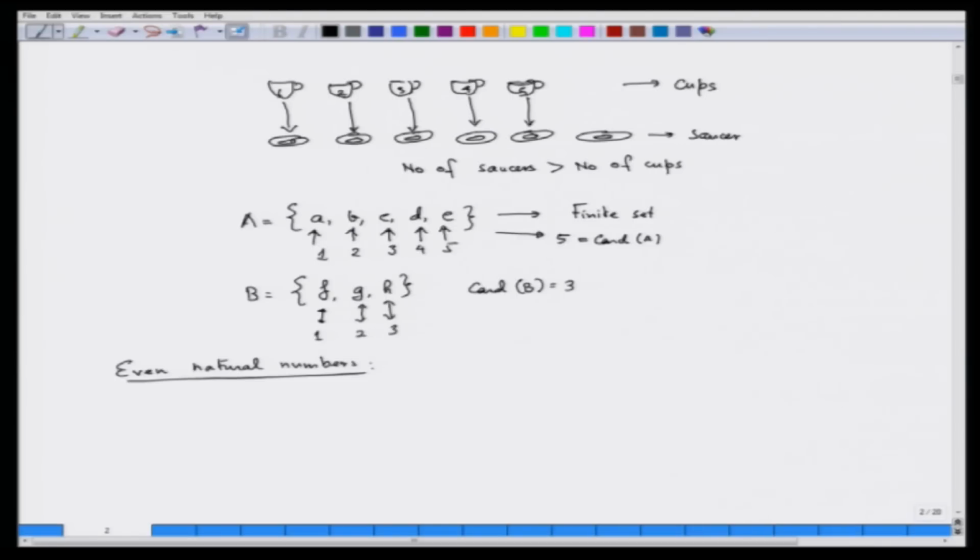This is a set consisting of the numbers 2, 4, 6, 8, 10 and so forth, it does not end. How many objects are there? And then also take the set of odd numbers.